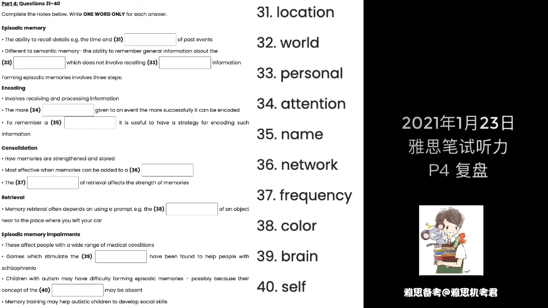Episodic memories can help people connect with others, for instance by sharing intimate details about their past, something individuals with autism often have problems with. This may be caused by an absence of a sense of self.